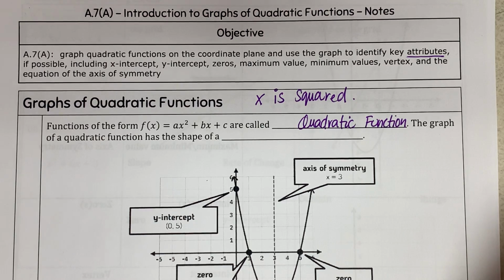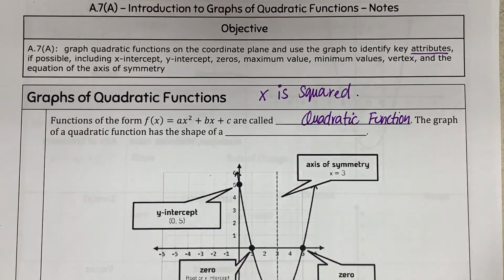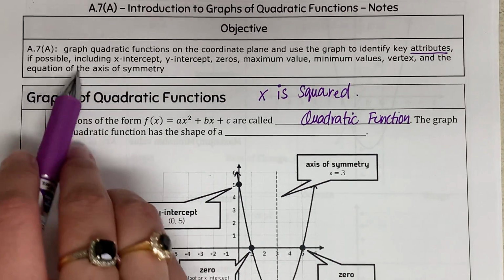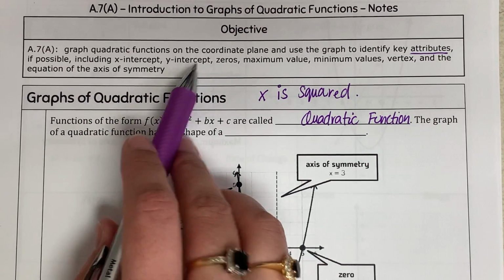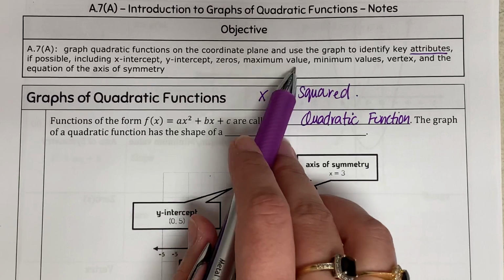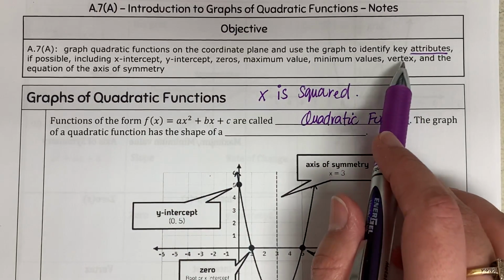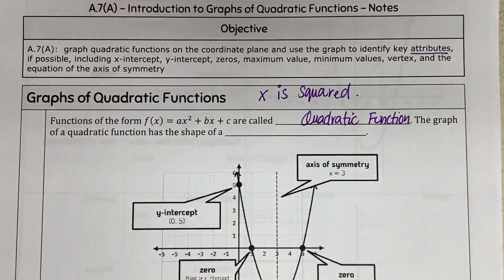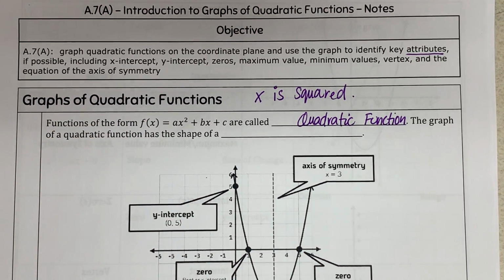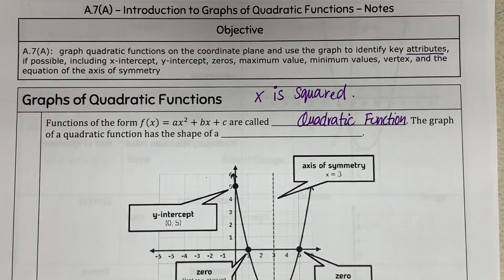Quadratic functions also have attributes, which are x-intercept, y-intercept, zeros, maximum value, minimum value, vertex, and equation of the axis of symmetry. These are the key attributes that you learn in Algebra 1.